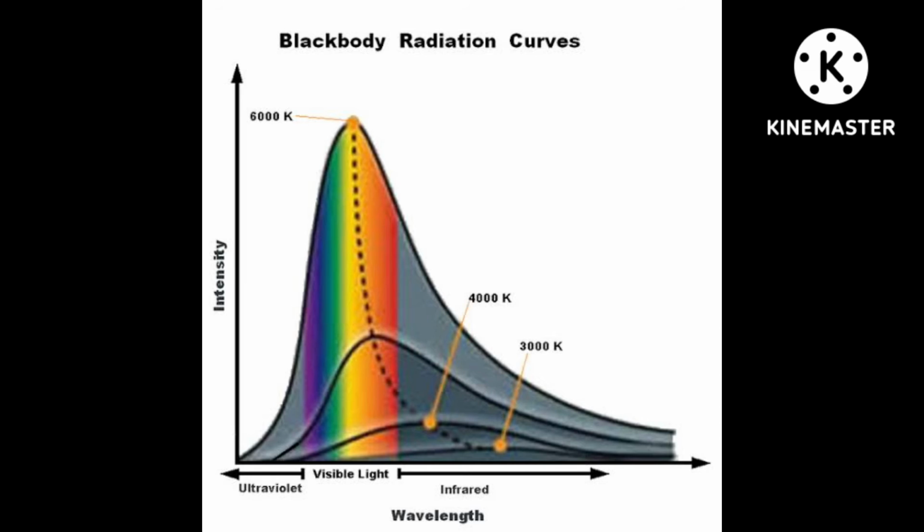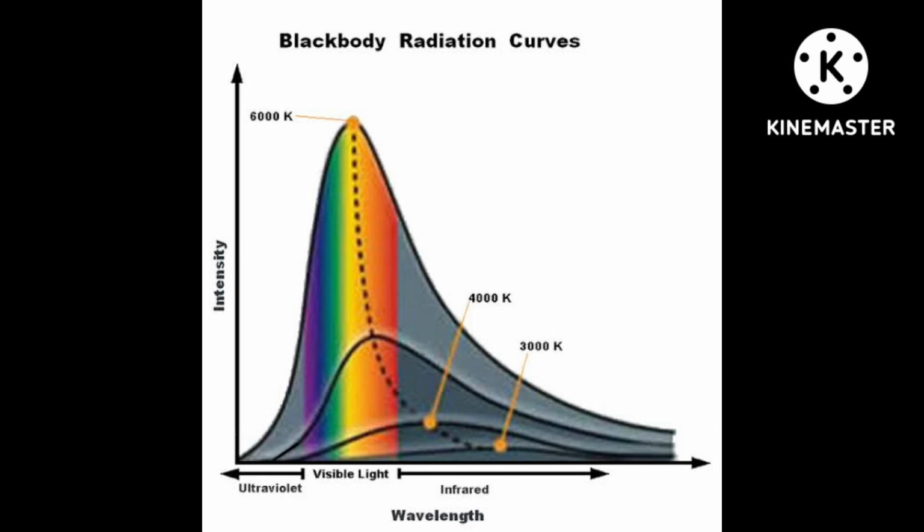Now, further. All the above results could not be explained on the basis of the laws of classical physics. That's why, when classical physics failed in explaining all these points, Planck's theory came to the front.